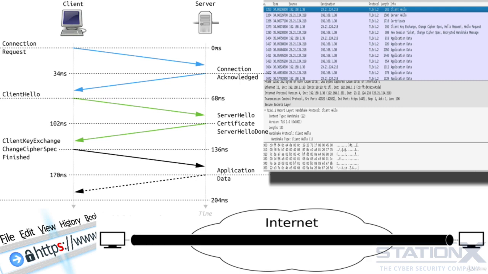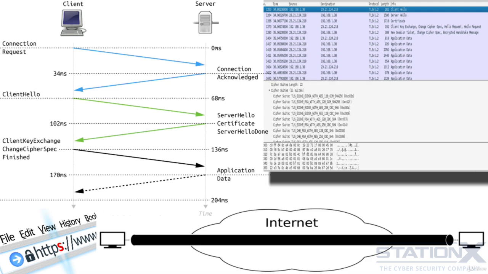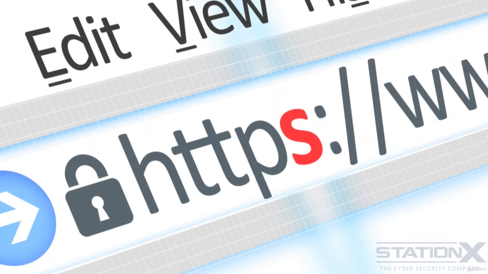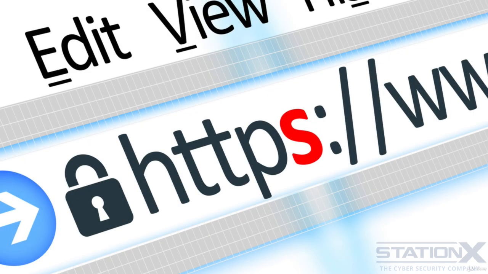TLS requires a TLS-enabled server and browser, and all modern browsers support TLS, as we saw on the Wikipedia page. And in all of the browsers, you'll see HTTPS, which will indicate that TLS is being used, and you often see a padlock as well.